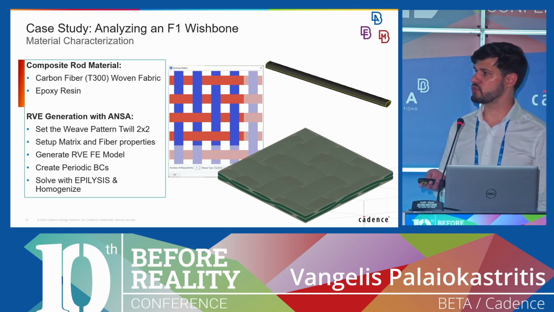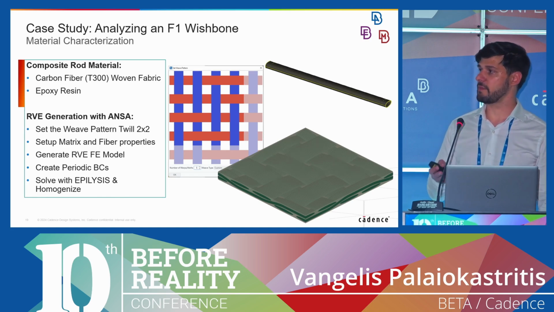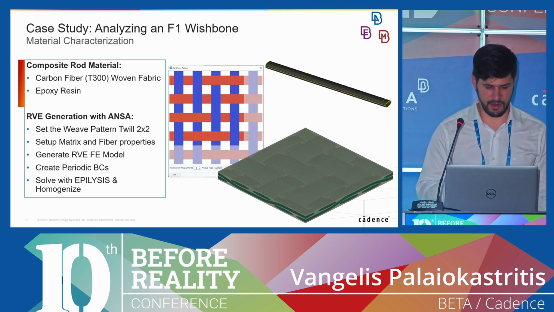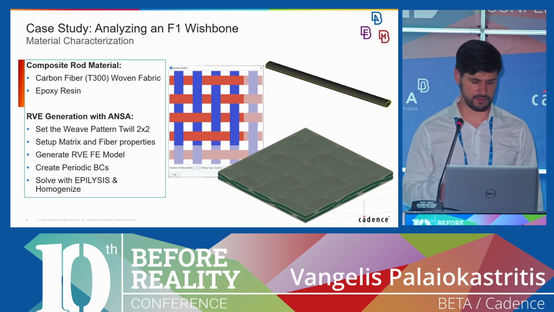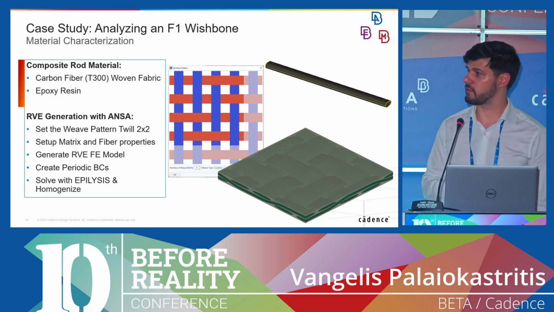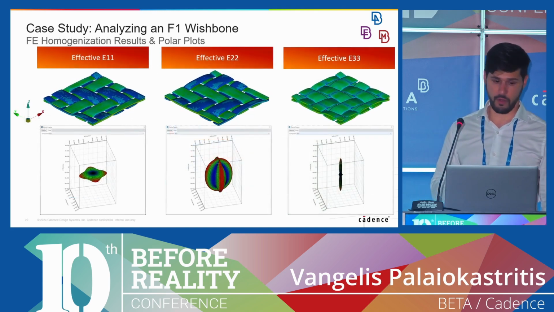Here we used a twill 2x2 weave pattern. We set up the matrix and fiber properties, generate the RVE FE model, apply boundary conditions, and solve with Epilysis for homogenization.